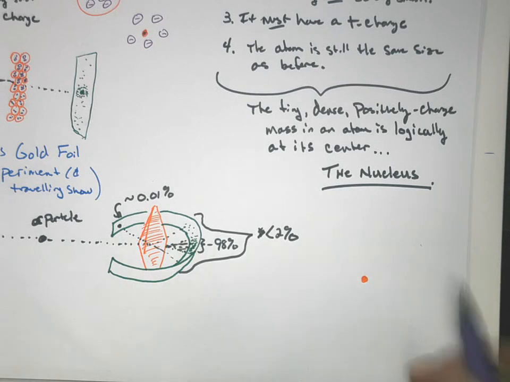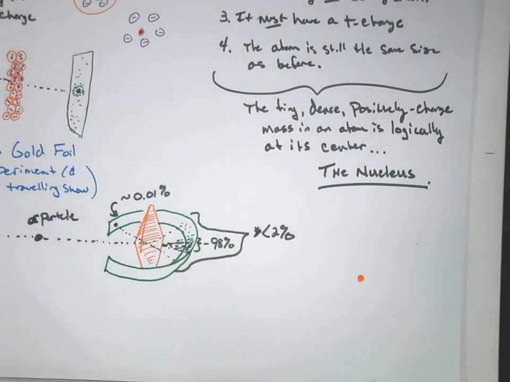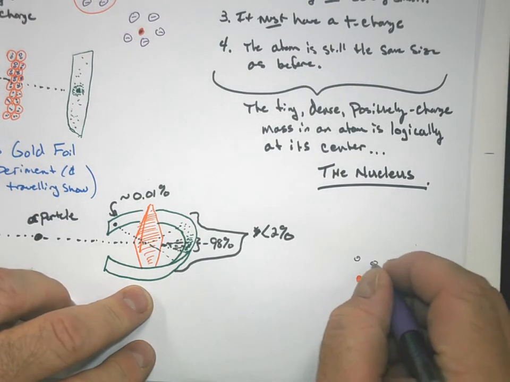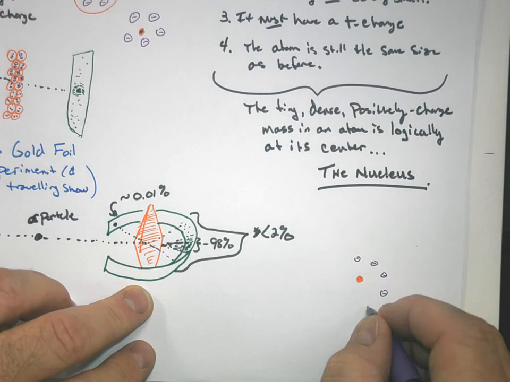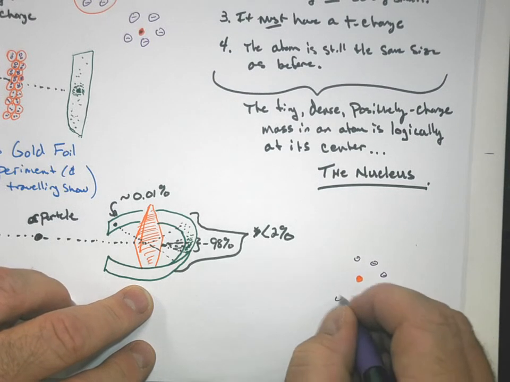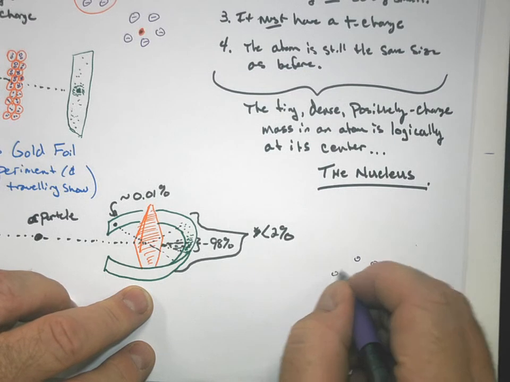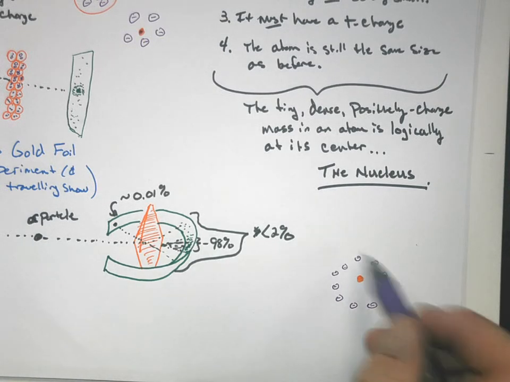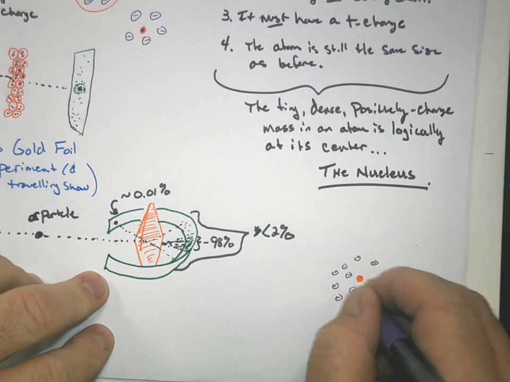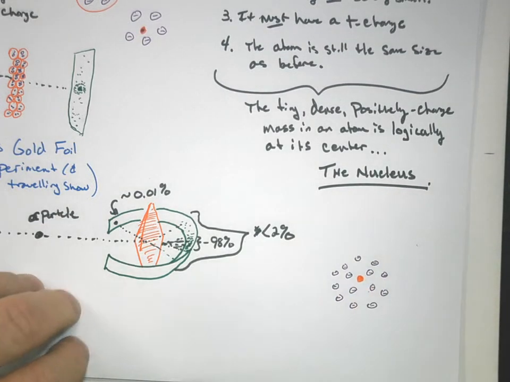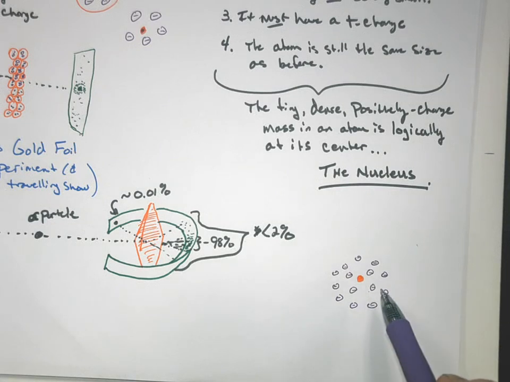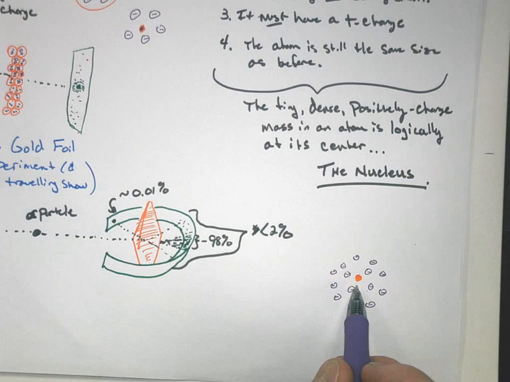I've been staying consistent: if it's got this gold look to it, it's got the positive charge, and then around it are the electrons that are moving around the nucleus. There might be some inside of this, but it's out here. In fact, let's draw some inside. Now we still have the same size of the atom, but all of the mass concentrated at the center.